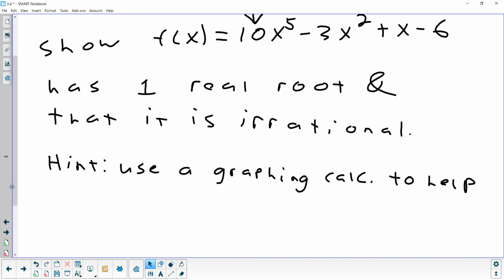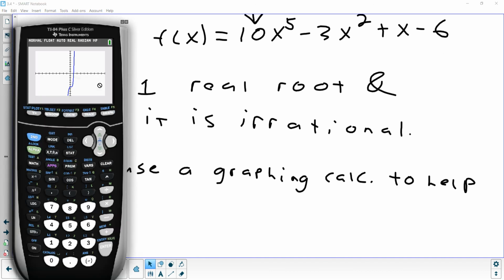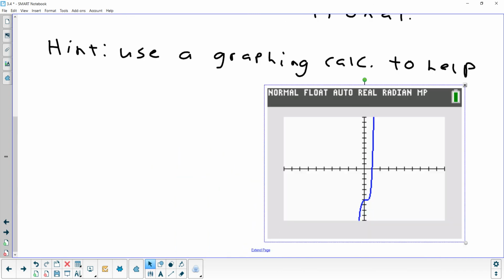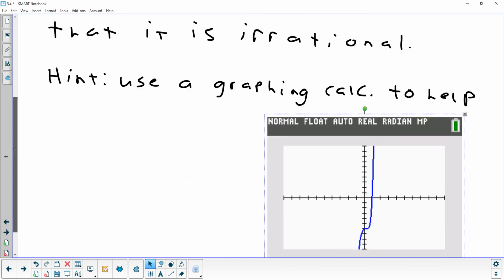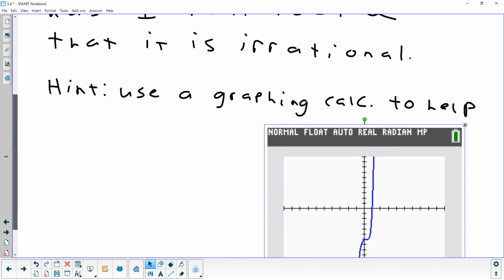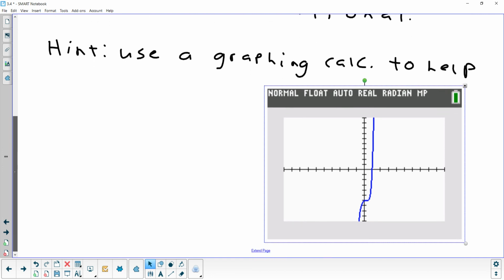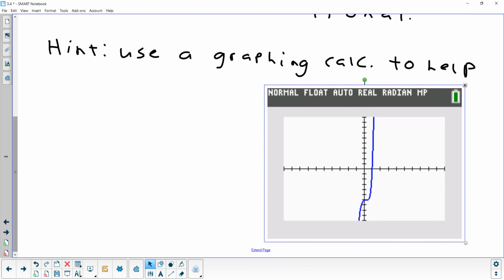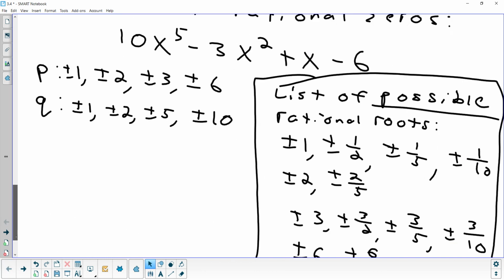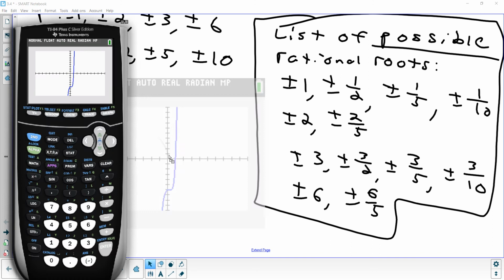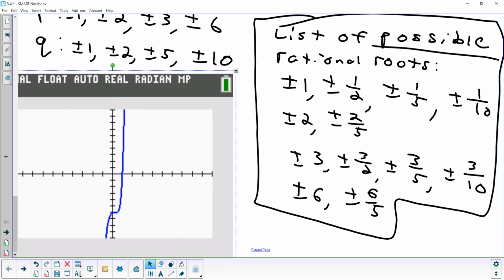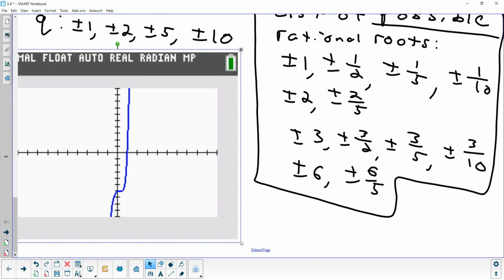But I want to prove that root is irrational. Okay, so let's look at this graph and compare where it crosses the x-axis to numbers in our list. In fact, I'm going to put that graph on the other page so we can see it easier. Let's go through these numbers and narrow this list down.